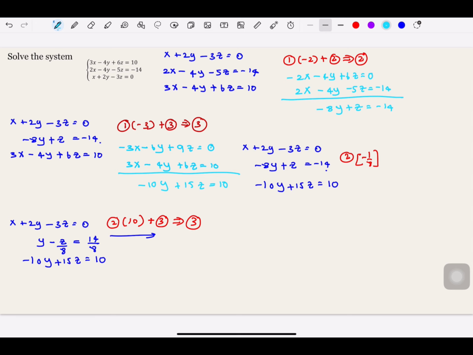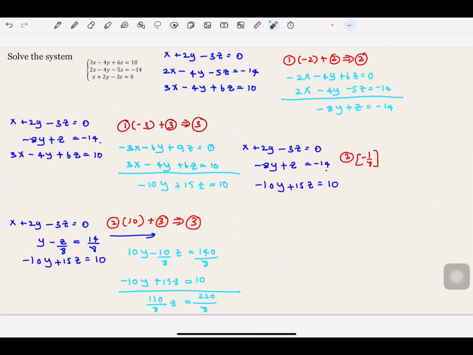So if you do the simplification, you will get here 10y minus 10 over 8z equals 140 over 8. And the third equation is negative 10y plus 15z equals 10. And if you do the simplification, you'll get 110 over 8z equals 220 over 8.